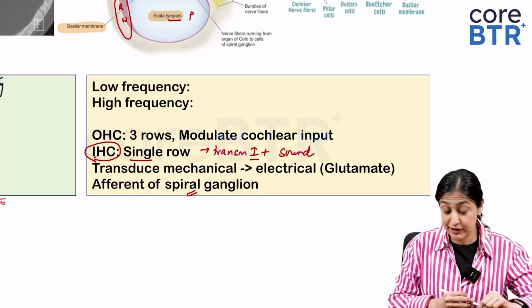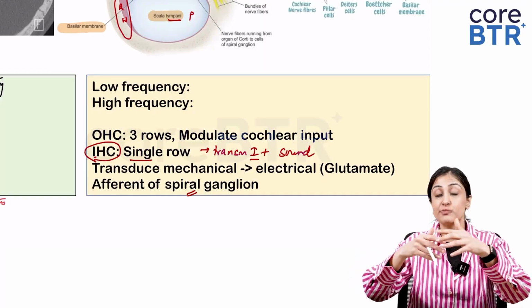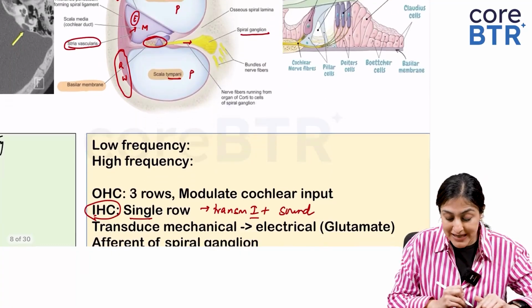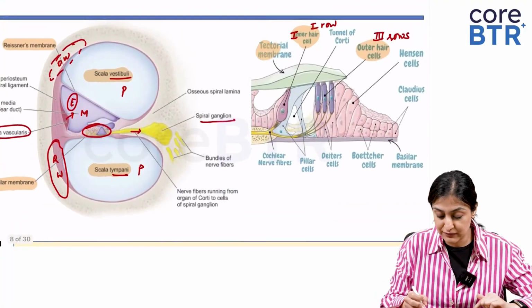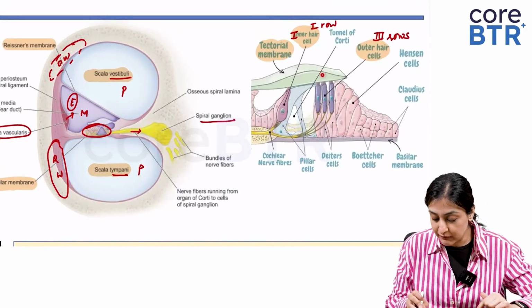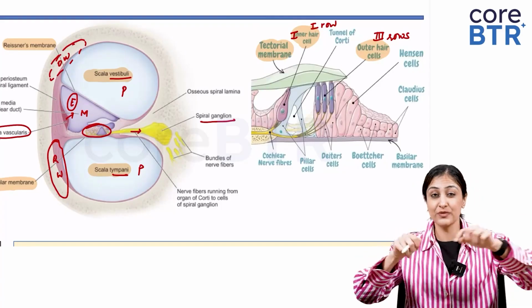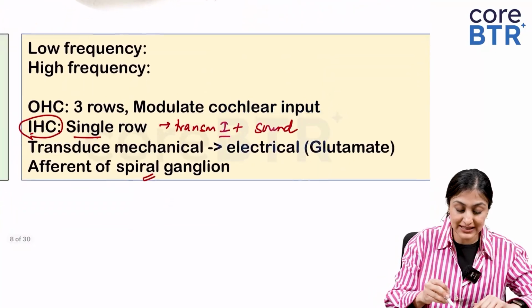So this is the afferent of spiral ganglion, and it basically uses this mechanical energy produced by the stretching of this membrane, which is the basilar membrane, right? So basically when the basilar membrane shows differential vibration, this membrane covering organ of Corti, that's called tectorial membrane, undergoes shearing. It is stretched, and that is what stimulates the inner hair cell.